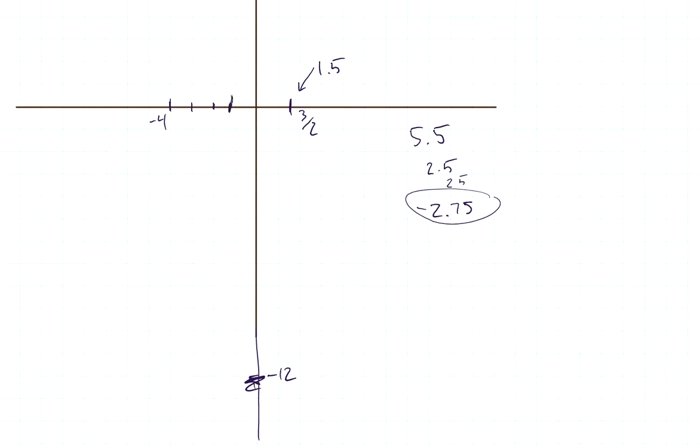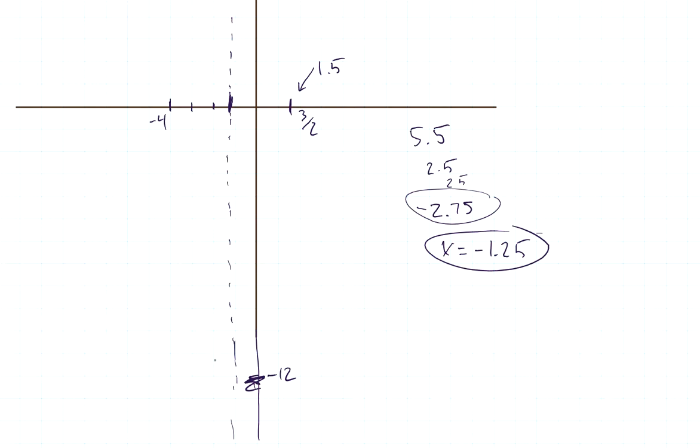So this number right here, which is -1 1/4, that's my axis of symmetry, and it's happening when x equals -1.25. So this is the x value for my axis of symmetry.